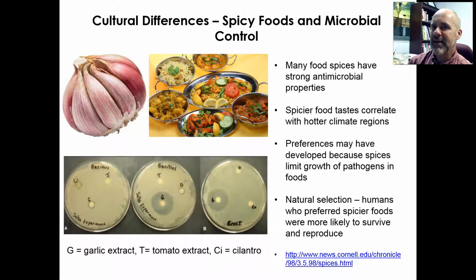And so why is that? Why is there this correlation between the types of cuisines that are favored among the populations of people who live there?